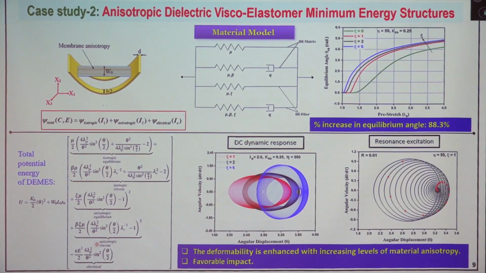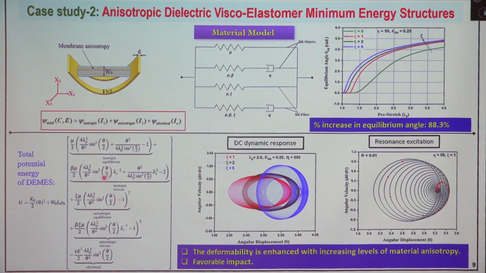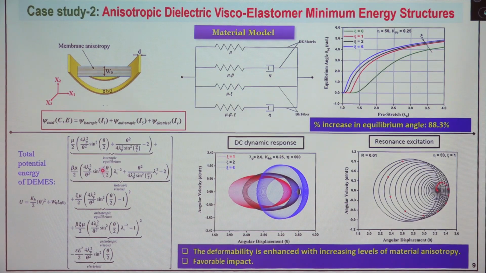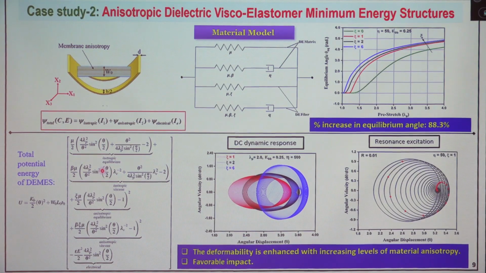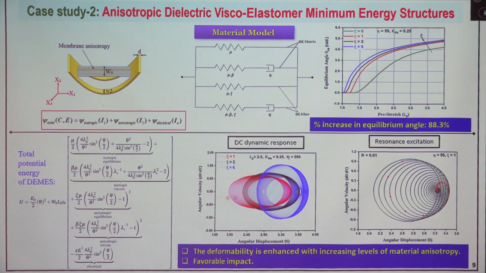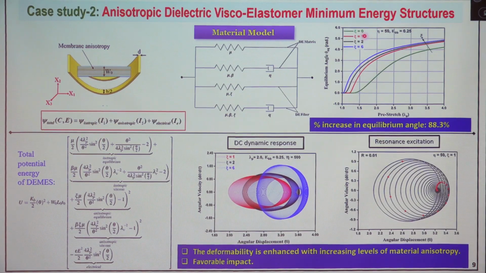So the same equation, with anisotropy and the viscous part, comes into the picture. We are considering material nonlinearity, viscous, anisotropic hyperelastic behavior, and geometrical nonlinearity in parallel. If you see what happens when we keep on increasing the strength of the fiber reinforcement, here xi equal to 0 means isotropic.